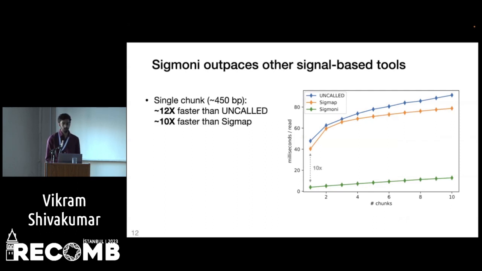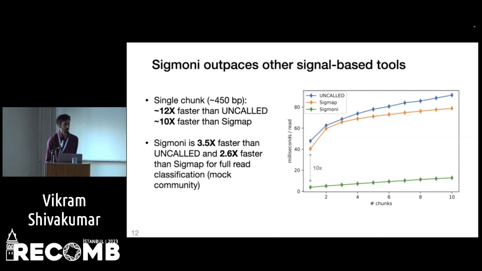And when working with full read signal, we are also significantly faster than both tools in a mock community experiment. And crucially, this is very important for adaptive sampling because every second matters. The faster you can make that accurate classification, the less irrelevant sequencing we need to do, and the more time and cost savings in the sequencing pipeline you'll get.